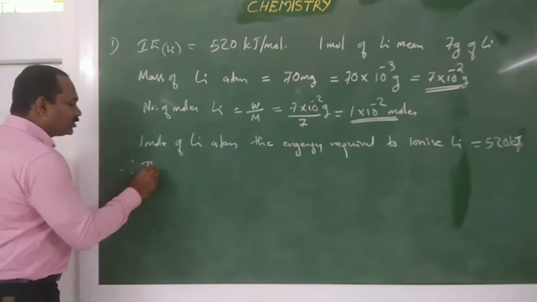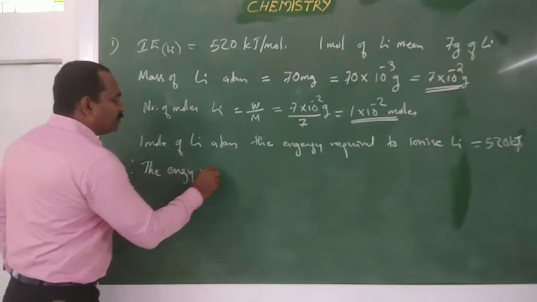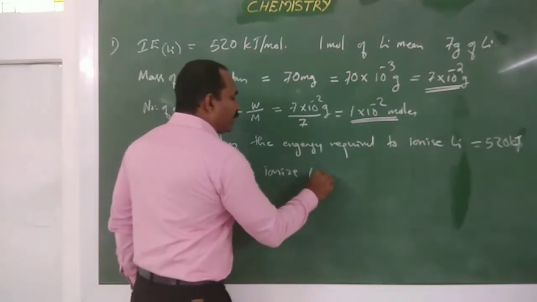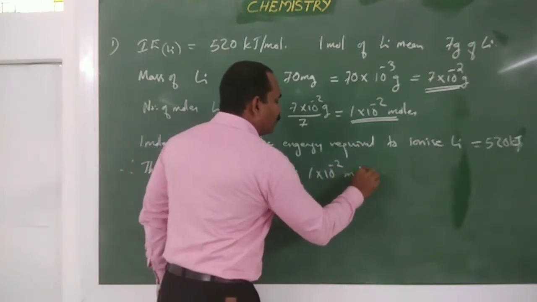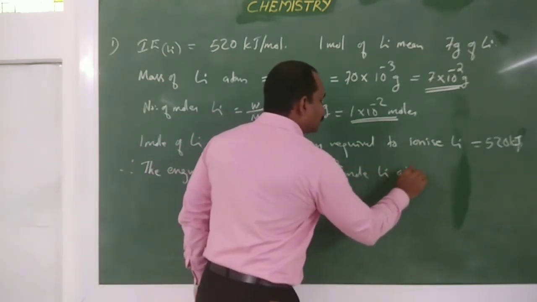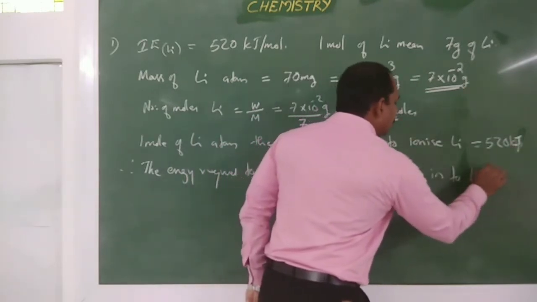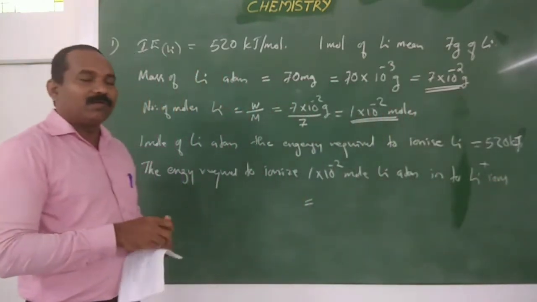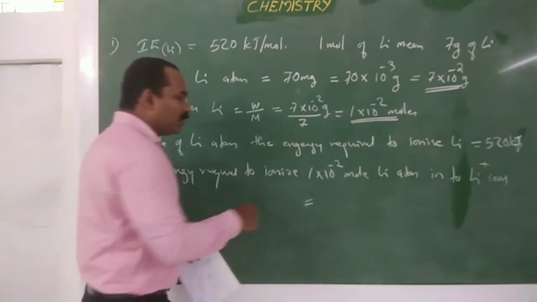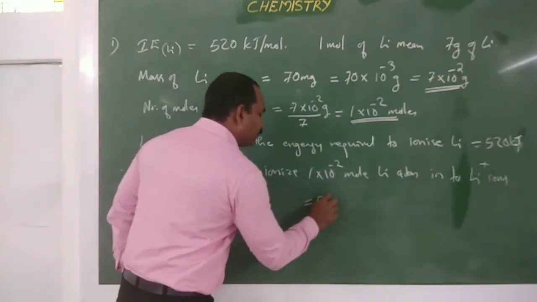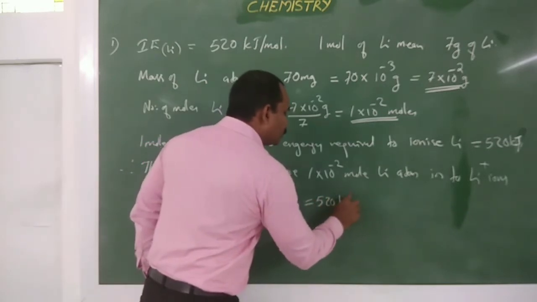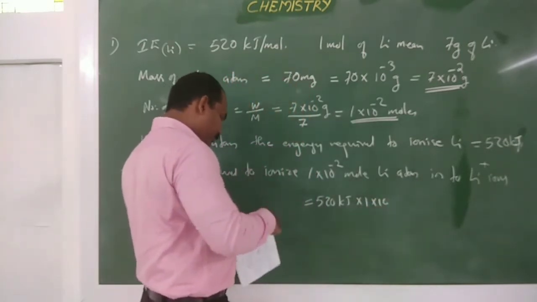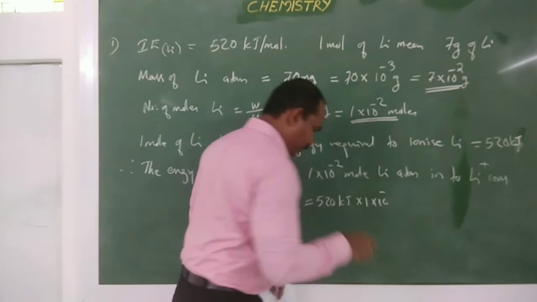Therefore, the energy required to ionize 1 into 10 raised to minus 2 mole lithium atoms into lithium ions: for 1 mole it is 520 kilojoule, so for this it is 520 kilojoule into 1 into 10 raised to minus 2.